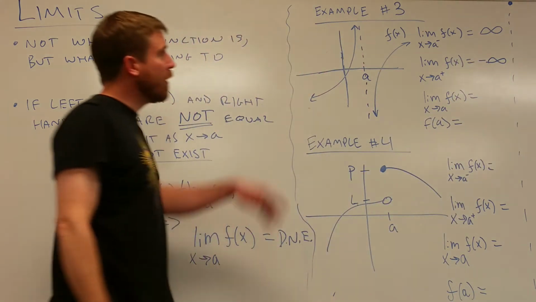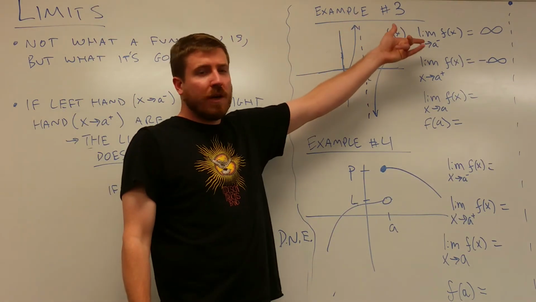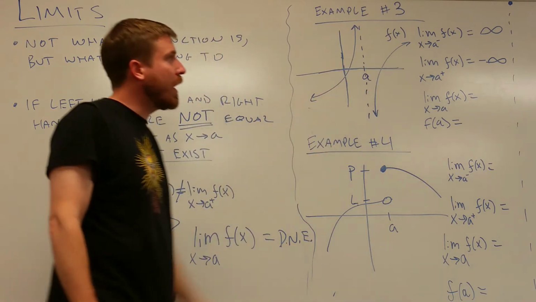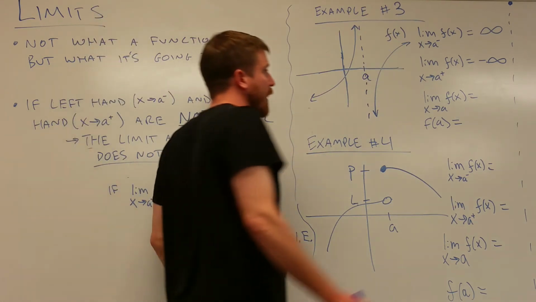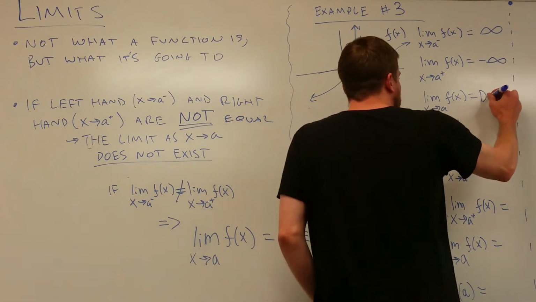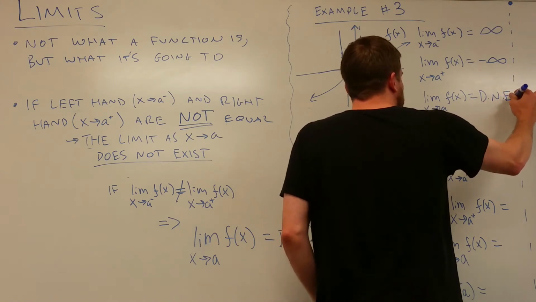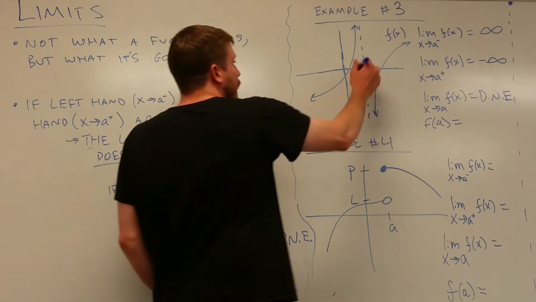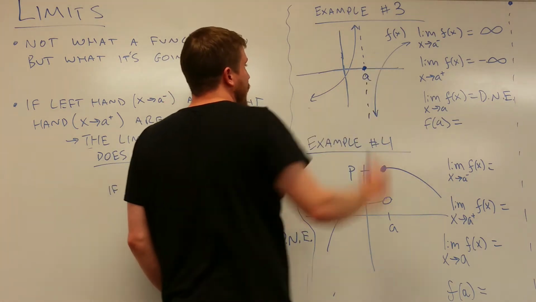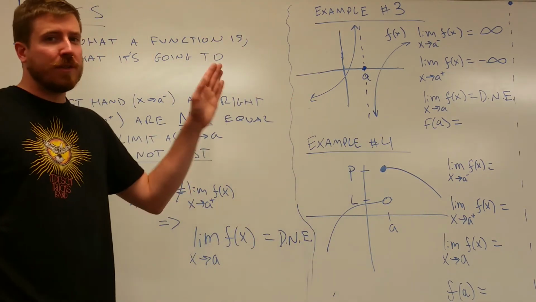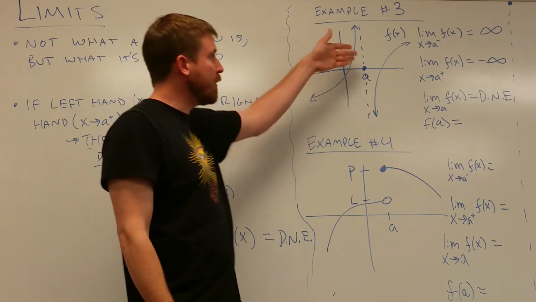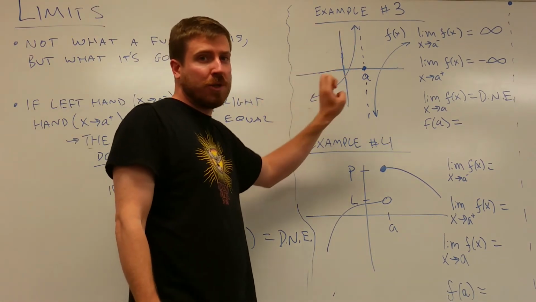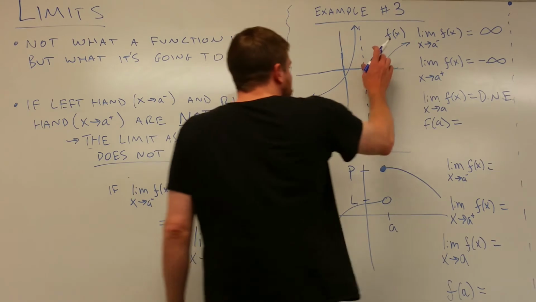So the left-handed limit does not equal the right-handed limit. Therefore, the limit as x goes to a does not exist. Even if we put a closed dot right here, the limit would still not exist, because the left-handed and right-handed limits are not approaching each other.